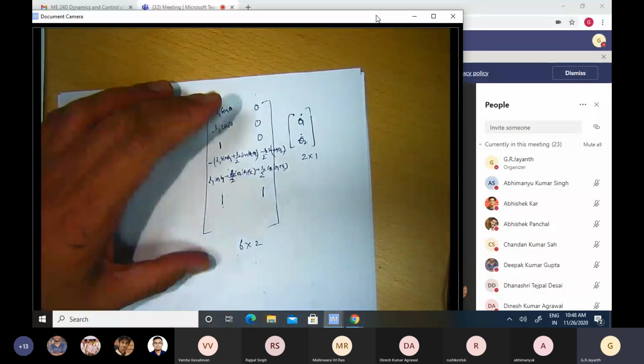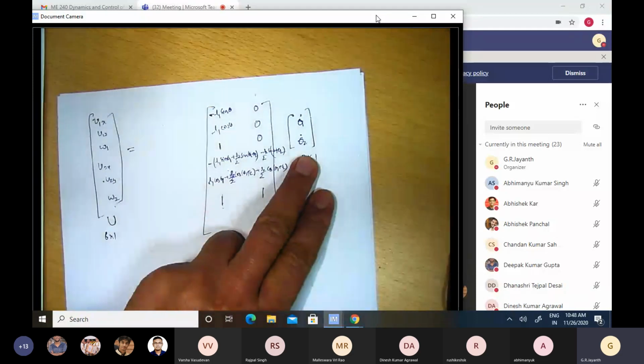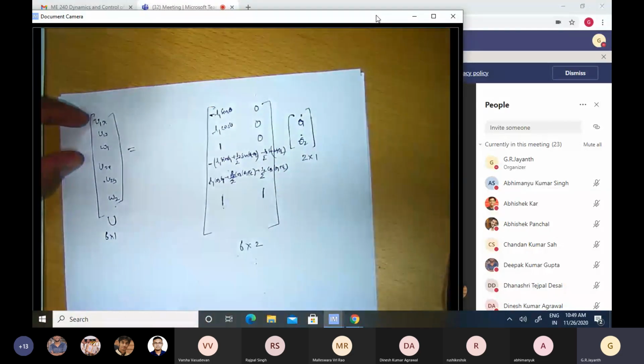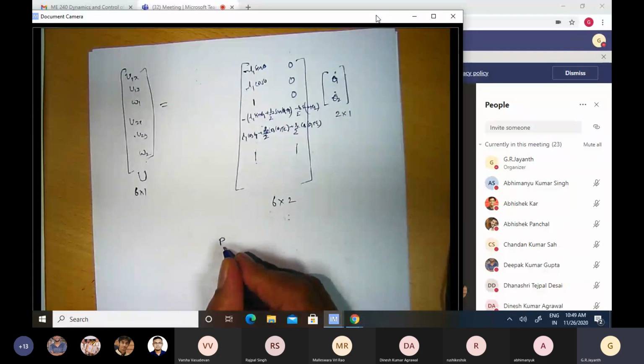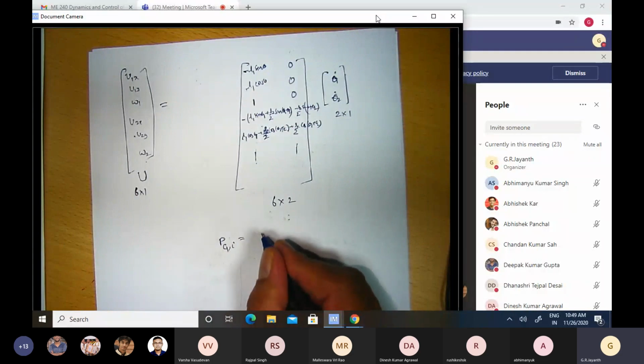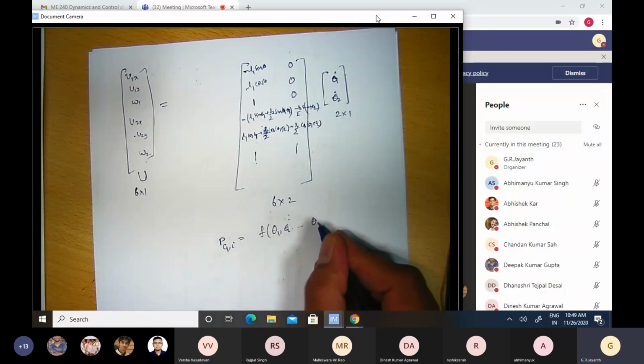So you see that this matrix relates the joint variables to the linear and angular velocities of the two rigid bodies. This is how I go about doing it even in the general n rigid body problem. For each center of mass, the center of mass of any general rigid body Pg,i will be a function of all the joint variables before that, theta 1, theta 2, all the way up to theta i.